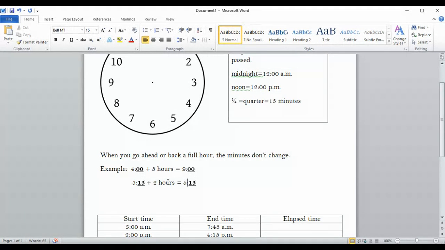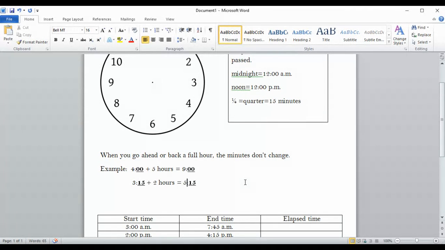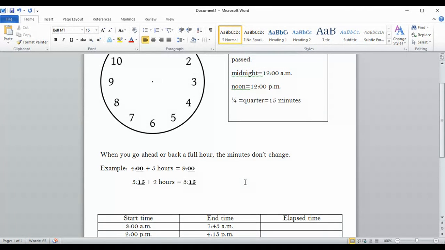So the minutes didn't change, just the hours did. Now that's if we go ahead strictly by hours. We're not adding any minutes, we're just adding hours. I want you to realize that because that will help us when we do this elapsed time.